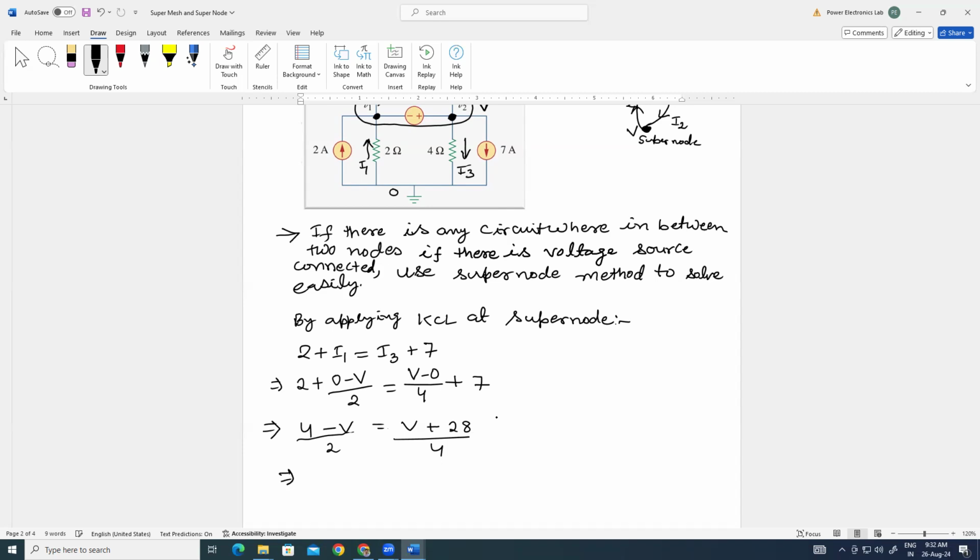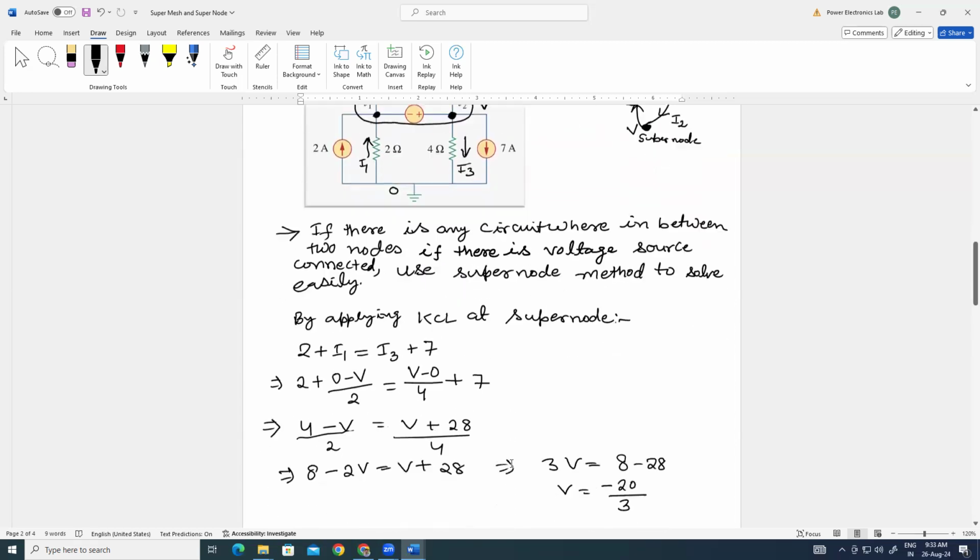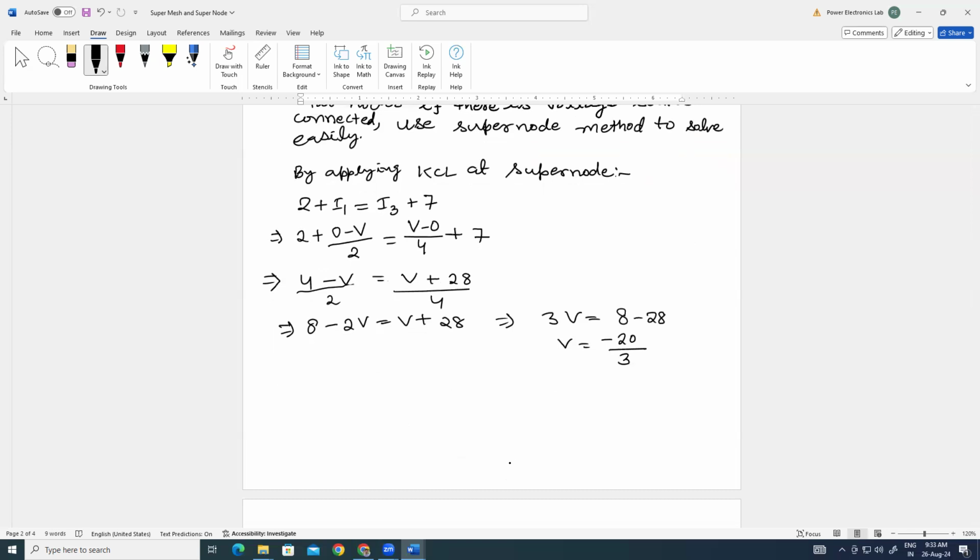So it will be 8 minus 2V, that will be V plus 28. So 3V is equal to 8 minus 28. V is equal to minus 20 by 3. Okay, so this is equation number 1.